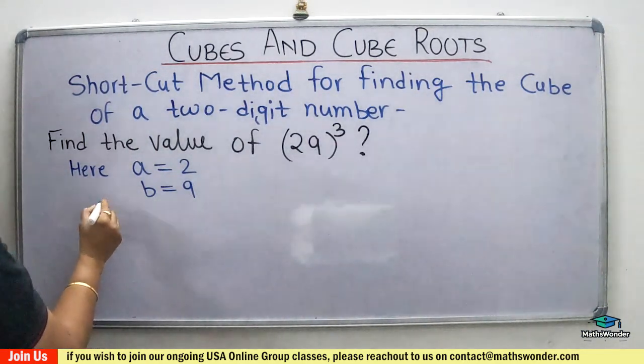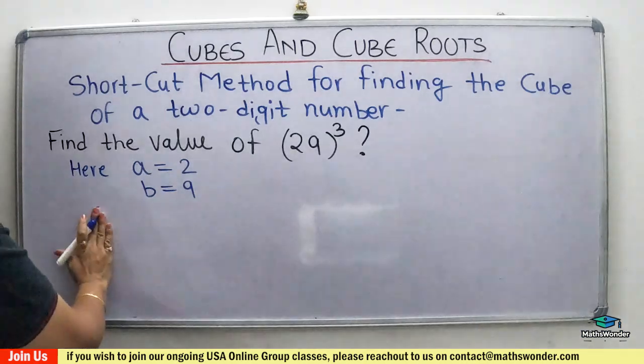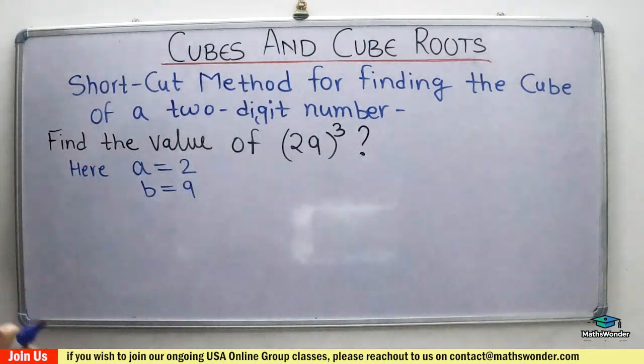Now the next process. What was the next process? In the identity, how did we break it down? a square times a. Remember? a square times a.